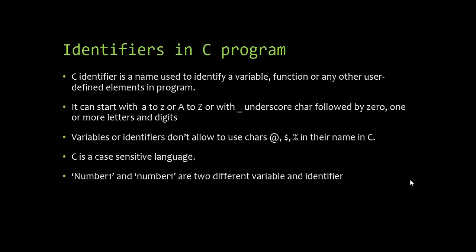So what are identifiers in a C program? An identifier is the name which is used to identify a variable, a function, or any other user defined element that is defined in the program.